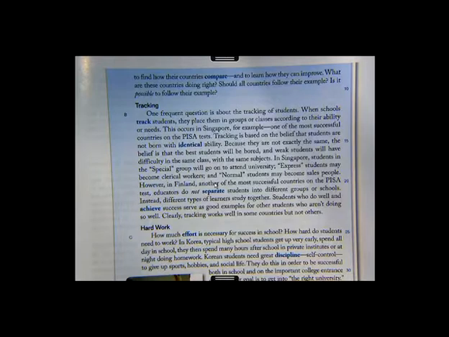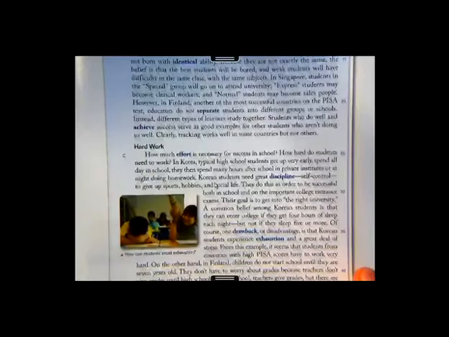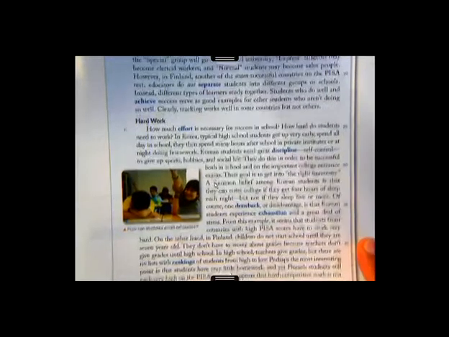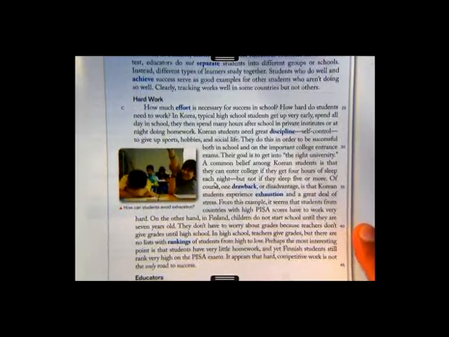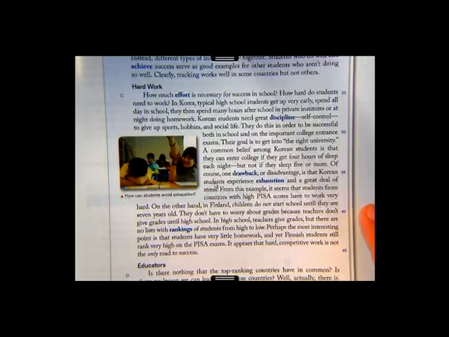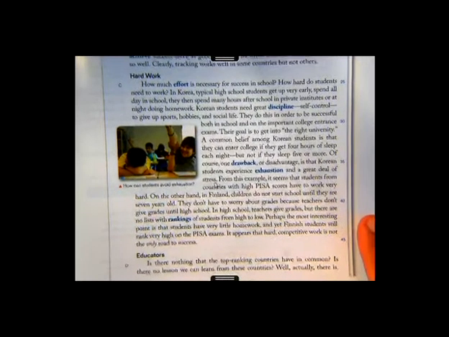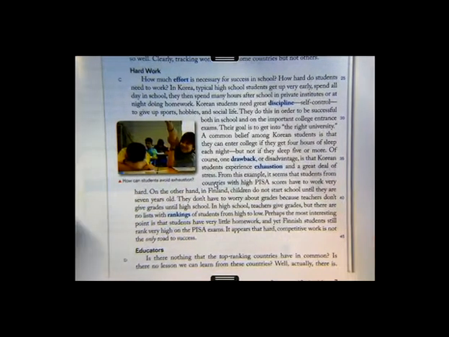Again, once you are done with this page or this part, you can move to the next one, which is paragraph C. All right, now it's well positioned.